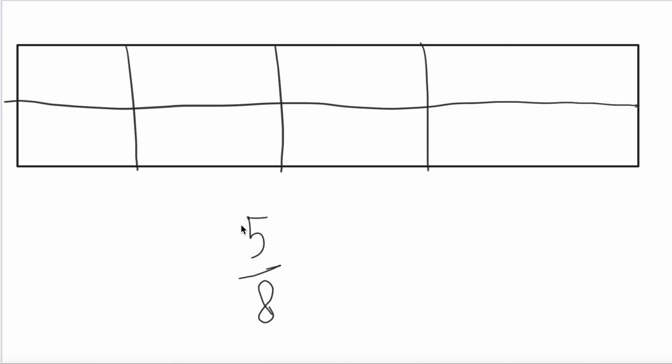We now just need to shade in the correct amount of little blocks. We know the numerator is how many parts we are talking about. And we know the numerator is 5. So that means we are talking about 5 parts, which results in 5 parts needing to be shaded. So we will shade 5 parts.